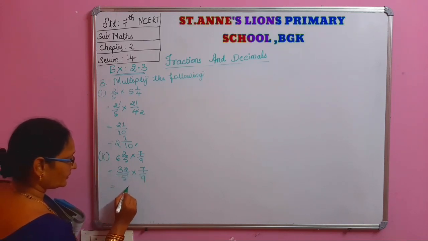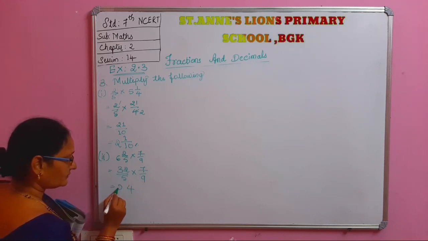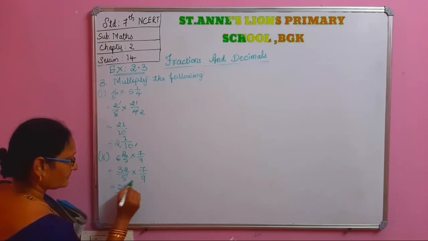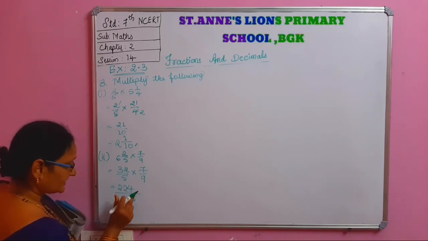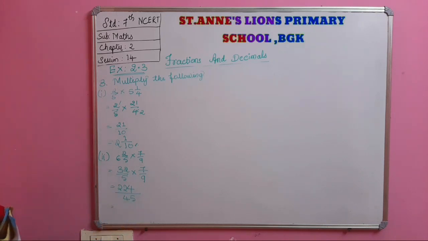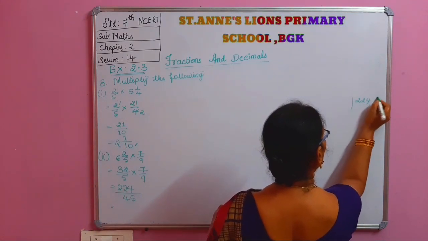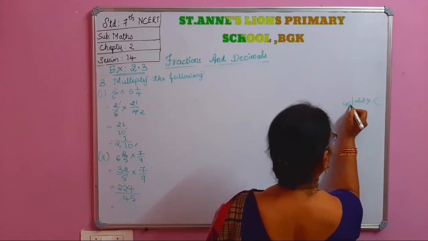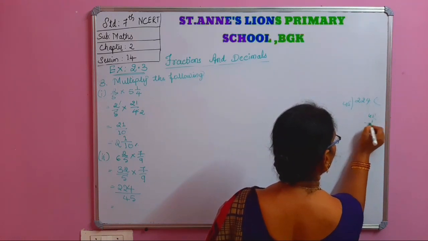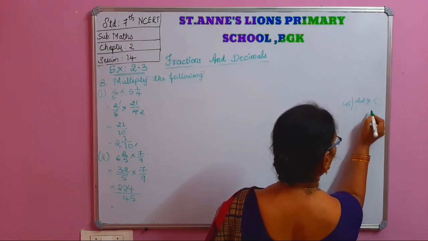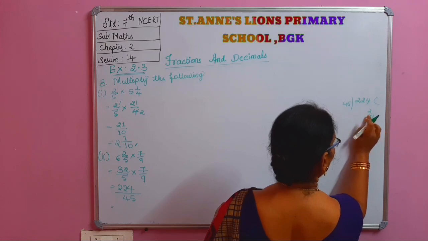7 twos are 14, carrying 1. 7 threes are 21 plus 1, 22. 9 fives are 45. Here, now in such cases, you have to divide and get the answer in the working column. See here, 224 divided by 45. 5 fives are 25, 5 fours are 20, no, 22.